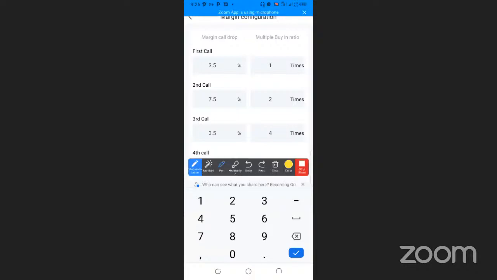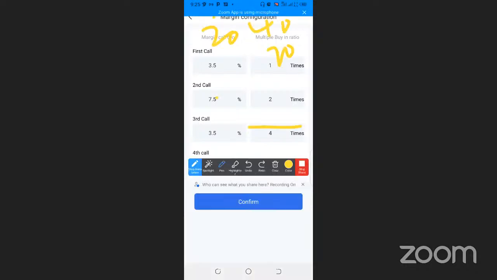For example, this is how it works. Remember the first buy is 20, and the market drops to 3.5%, you tell the robot to buy 20 for me, and the market drops to 7.5%, we are telling the robot to buy 40 here. Do you see why you need to follow the market strategy? And this produces 11 margin call drops. 11 what?